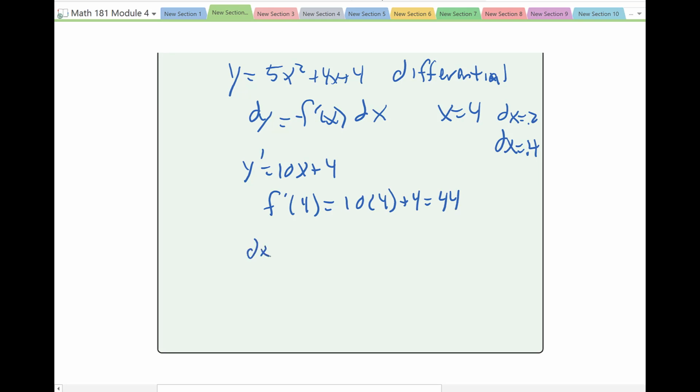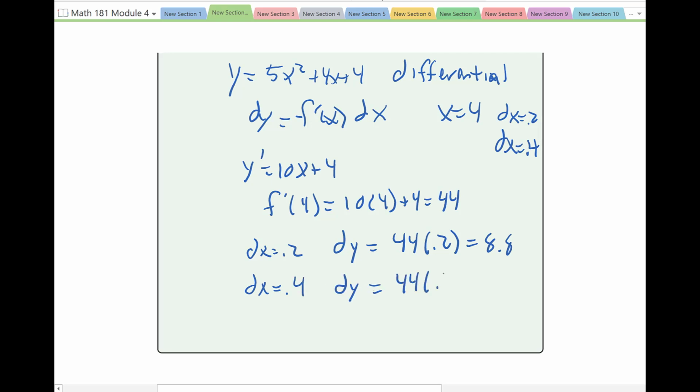We have the dx being 0.2. In that case, the dy would be 44 times 0.2, or 8.8. And then we have the dx being 0.4. In that case, our dy is 44 times 0.4, which would give us 17.6. Okay, and that does it for this section.